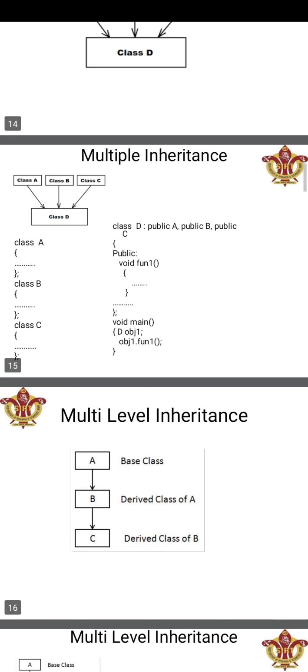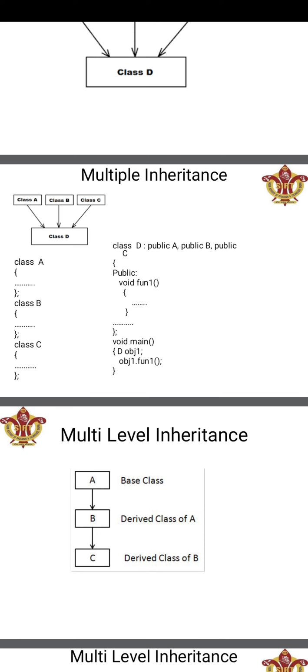Right. Now, when we are inheriting publicly, then whatever members are present in the protected section of the parent class, that is, class A has one variable in protected, class B has one variable in protected, and class C also has one variable in protected, all these variables which are in the protected section of the parent class will be inherited in the protected section of the derived class.